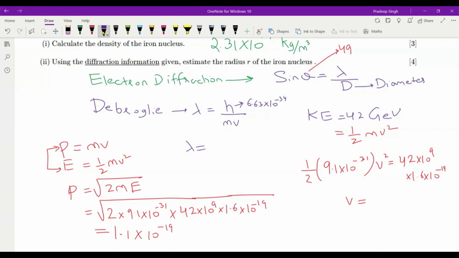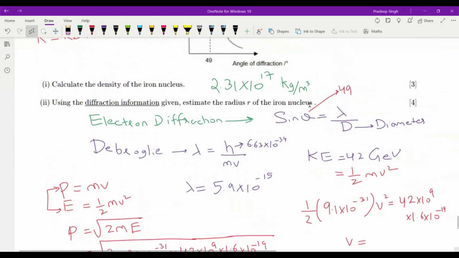Sir, is it 5.9 into 10 raised to minus 15? The wavelength? Yeah, I got that as well. Let me check. It is correct. Good, that's the lambda.